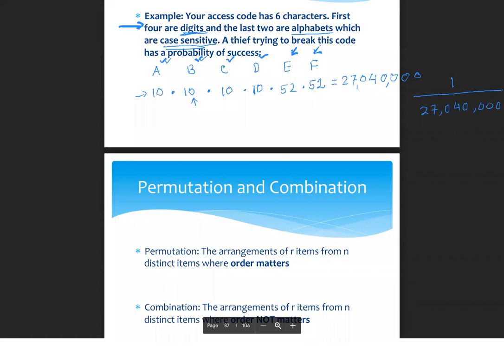To be precise, 1 out of 27,040,000. So that's what it is. Now, remember, we have used the concept of the fundamental counting rule, and events being independent. All these events are independent here. Events A through F are independent events. One does not influence the outcome of the other.